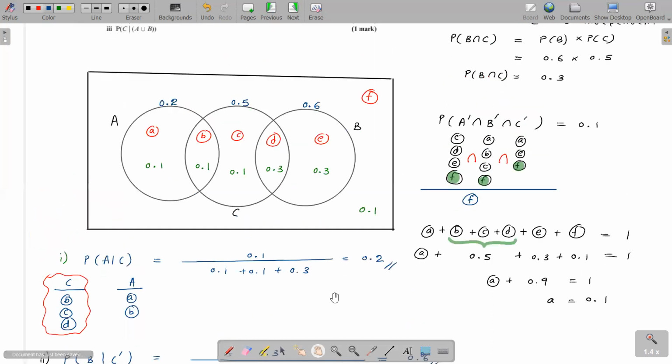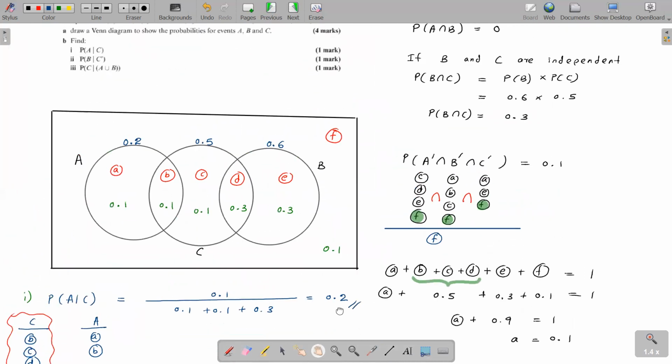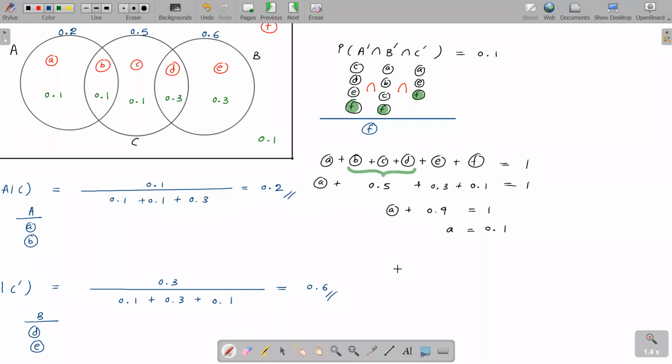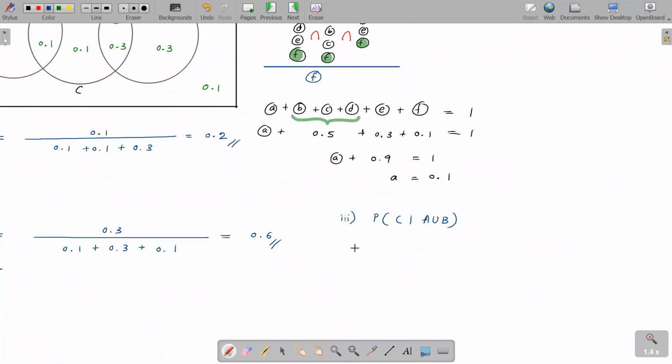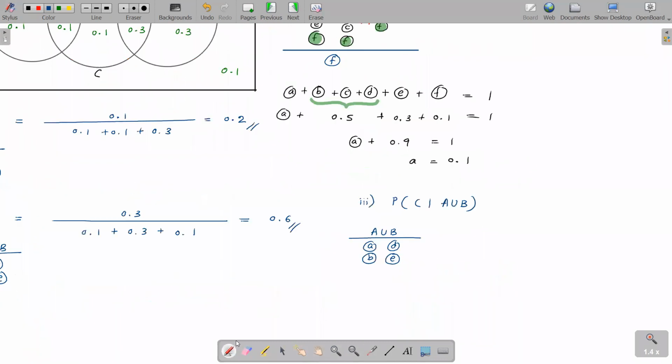Okay, then the last part, probability of C given A union B. Common number 3, probability of C given A union B. Let's do that. So guys, let's get the A union B probability first. What are the regions coming to A over here? Inside circle A, you have the regions A and B. Inside circle B, you have the regions D and E. Now take the union of it.